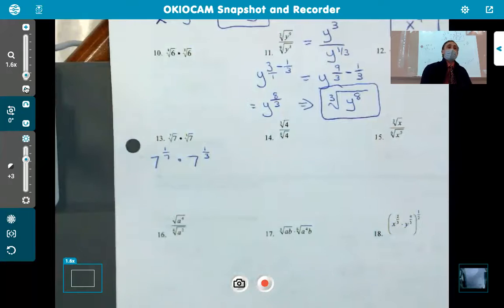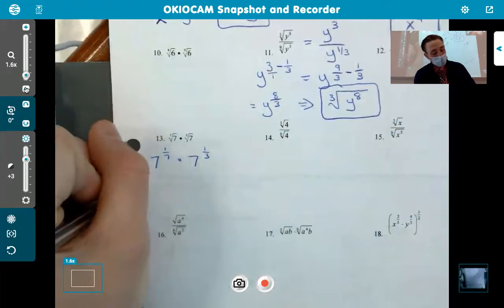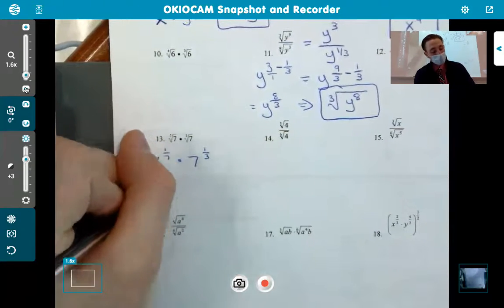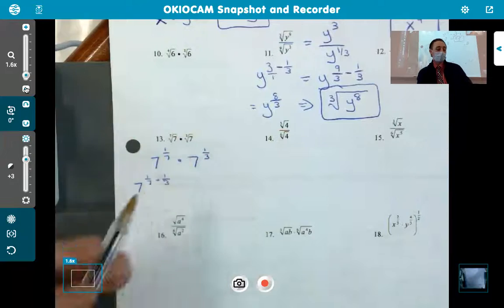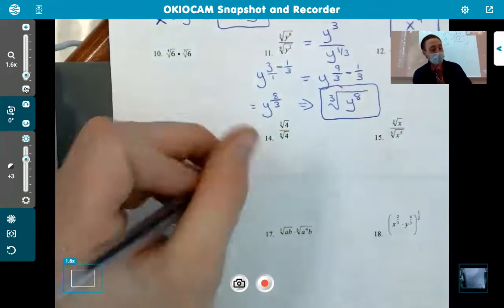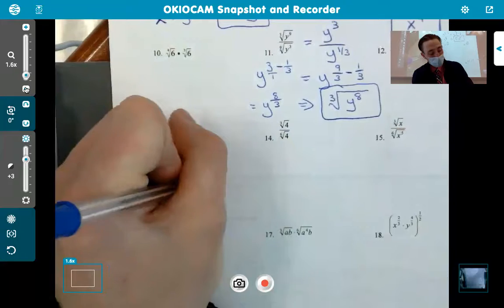When I'm multiplying and they have the same base, I do what operation with the exponents? You add them. Good. So what Nick here in class said was, yes, I add my exponents, but he noticed that they had different denominators. So I have to find a common one, which would be 21.